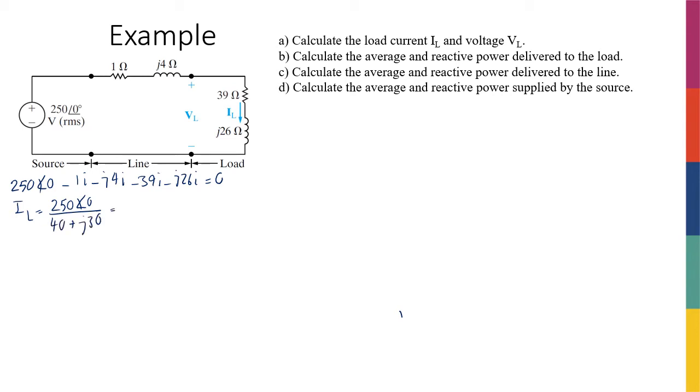If you convert the denominator to polar format and do the math, you're going to get 5 with an angle of negative 36.87. Now that's the current. What's the unit for this current?